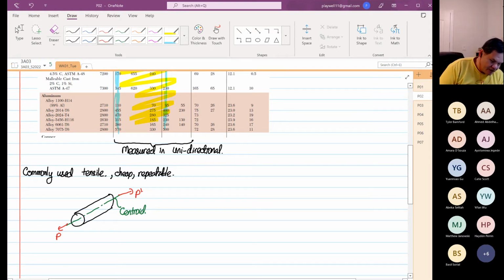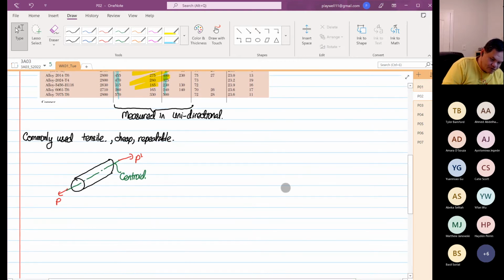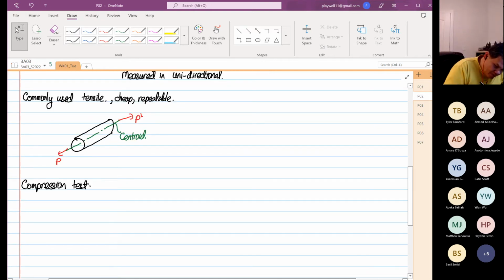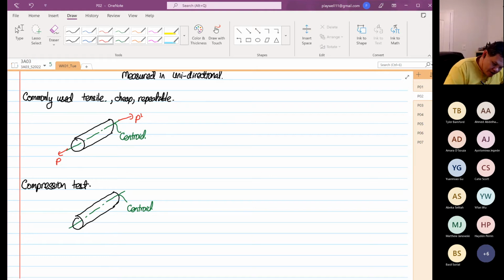So that is in tension, and then the next one we use is compression test. It's just pure compression. The one on top is in tension, the one at the bottom that I'm drawing now is in compression. So again, this is our centroid, and this is under compression.